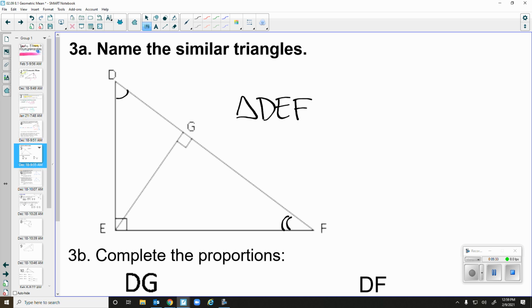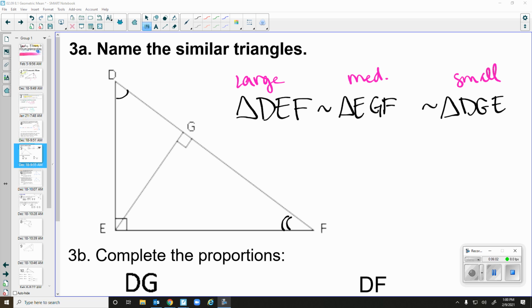So we have the large triangle, we also have a medium triangle, and we have a small triangle. Here's the large. We'll fill in the medium, and then we'll fill in the small as well. I'll give you a second. What would those letters be for the medium and the small, with the similarity statement written correctly, with the parts corresponding?